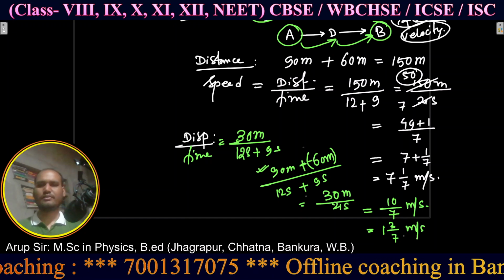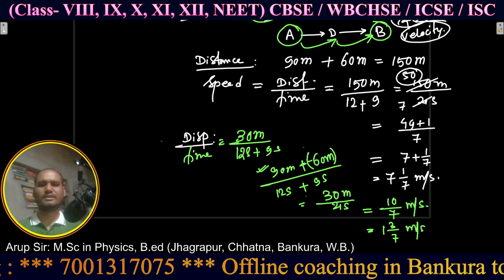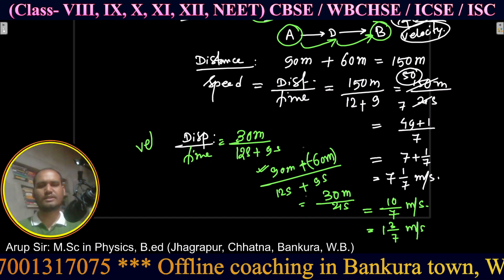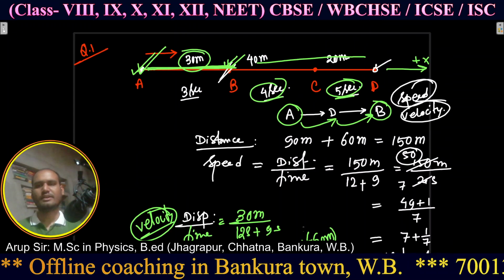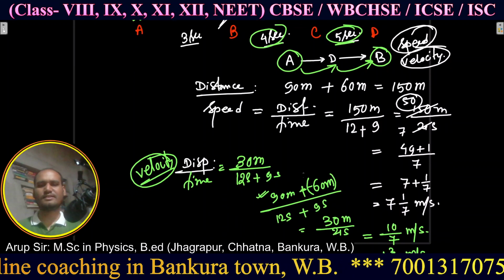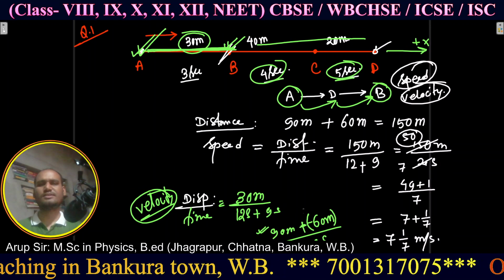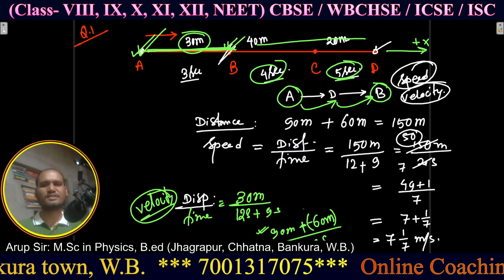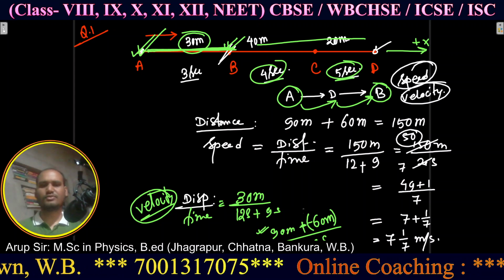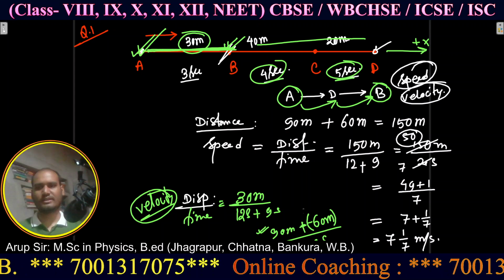So this is basically velocity. Velocity means displacement by time. This is how you can calculate distance, displacement, speed, and velocity. If you have a better concept of distance and displacement, then you can easily solve the problems on velocity and speed.